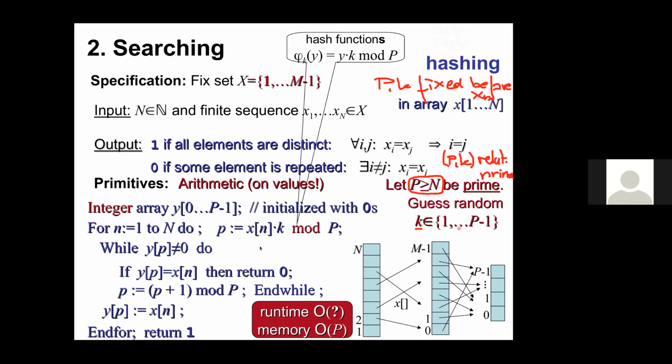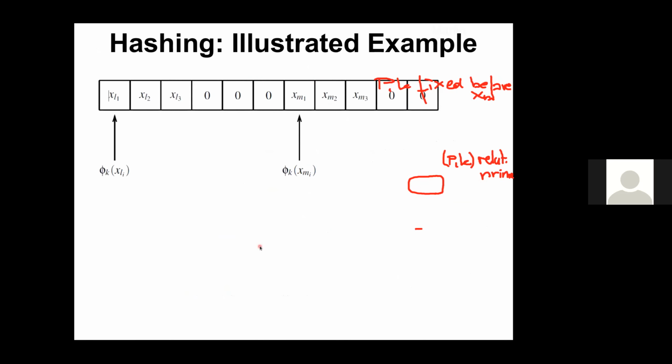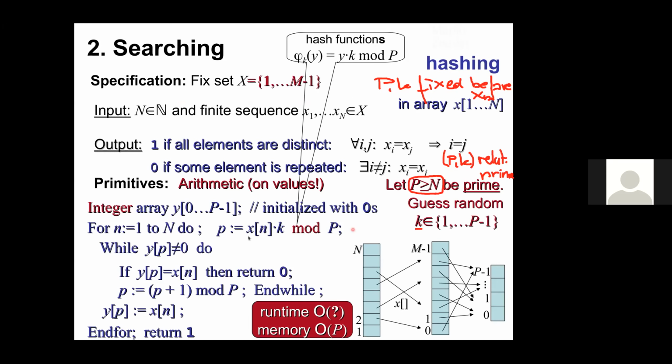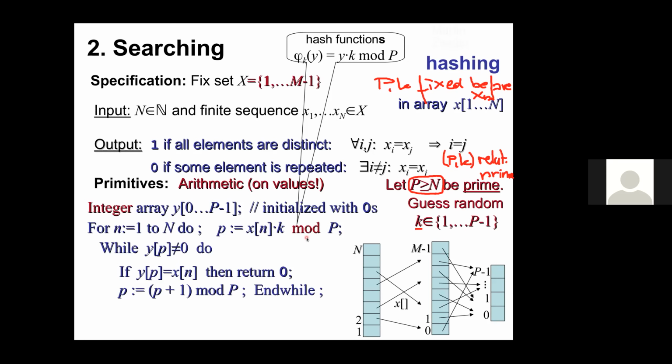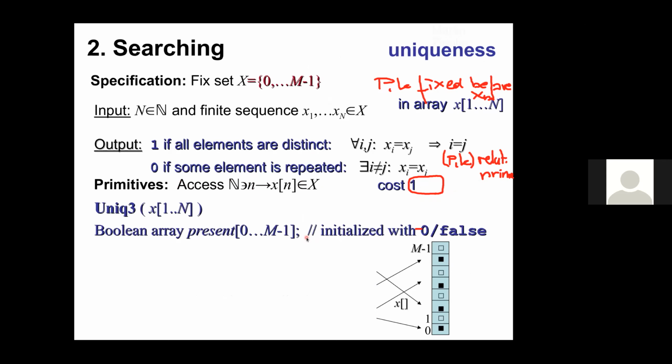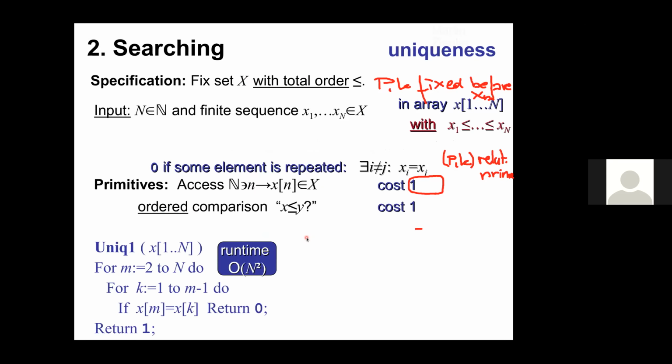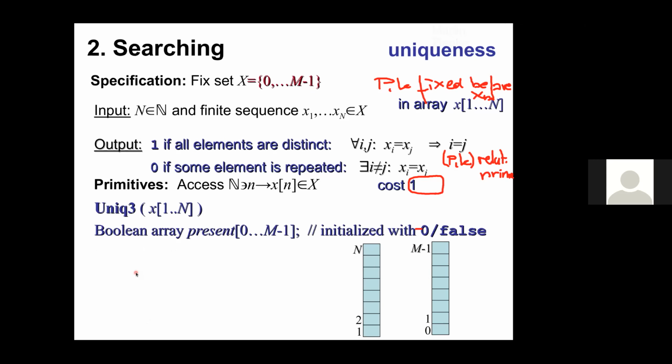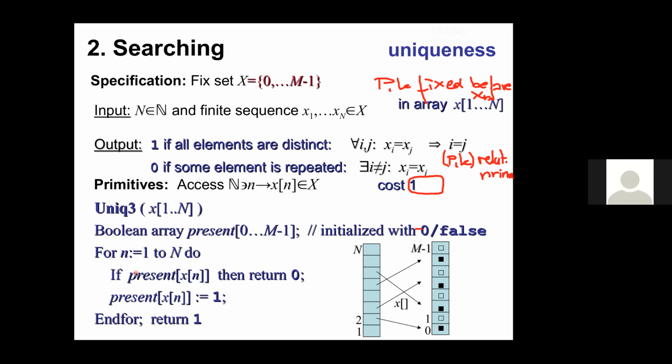Then all the xn will be stored from here: you go over the first, store the second, go over two, store the third, etc. So you will get an equivalent of this old algorithm, the unique one.